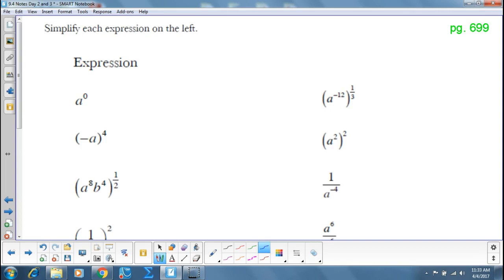Left to right? Okay. 8 to the 0 power. 1. A to the negative 12th power, then to the 1/3 power. 1 over a to the 4th. Good on those two.